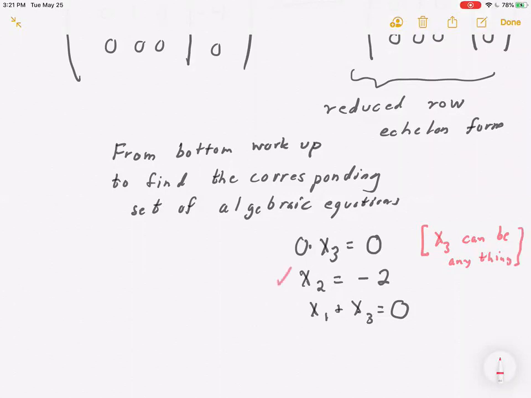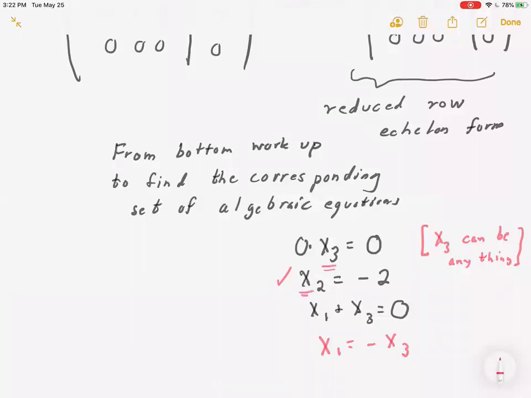X sub 2 is pinned down to equaling minus 2. And I'll write this in red. X sub 1 is just minus x sub 3. So I'm not getting a unique solution in this problem. X sub 3 could be anything. It could be pi, it could be 1.73, it could be minus 13, it could be a billion. X sub 2 is fixed.